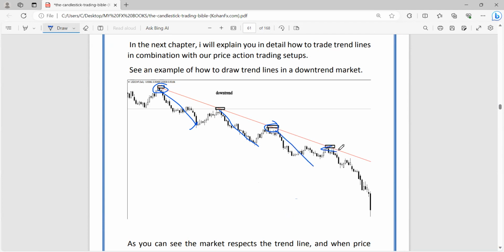Now, you only need 3 touches. This is the initial touch. It is the establishment touch. This is your entry here.